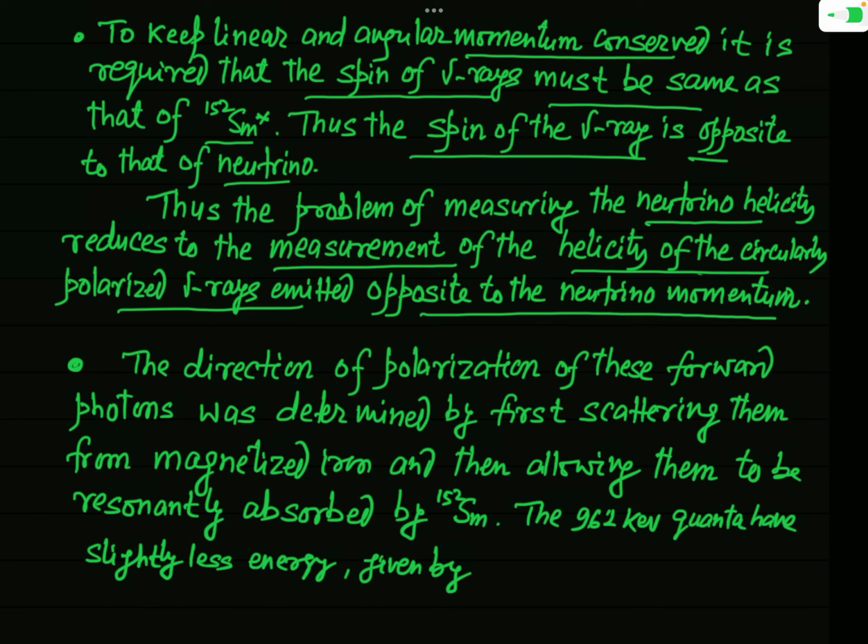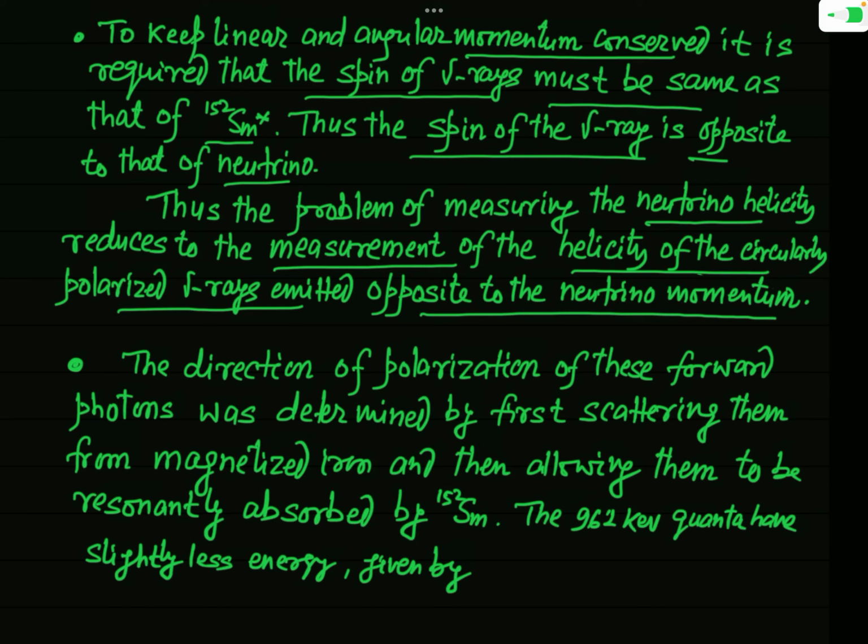First, I told you that if you want to measure the helicity of the neutrino, you can measure the helicity of the excited Sm nucleus, and that will be equal to the helicity of the neutrino. But now I am telling you finally that we can design an experiment to measure the helicity of the circularly polarized gamma rays, and you should take into account only those gamma rays which move in the opposite direction to the neutrino.